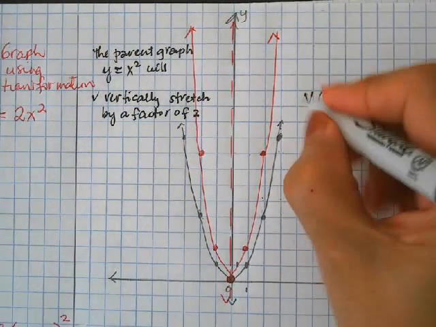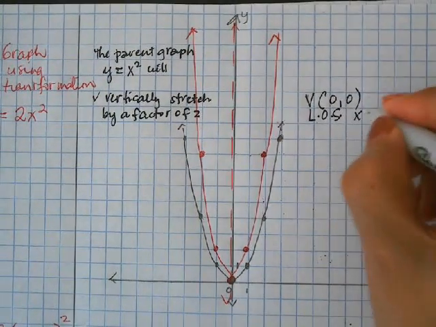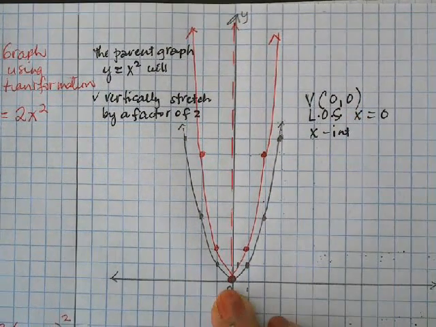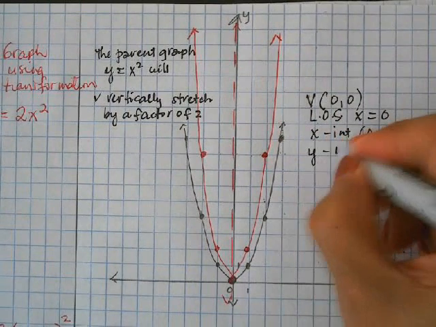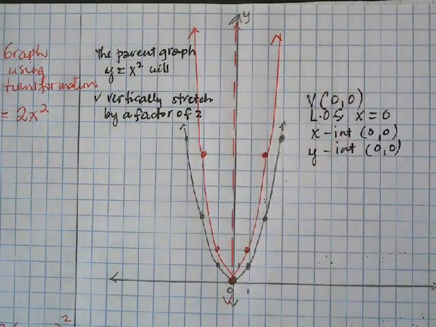Our line of symmetry is the line x equals 0. Our x-intercept is at 0, 0. So is our y-intercept. And getting the points of the red graph, not the parent graph.